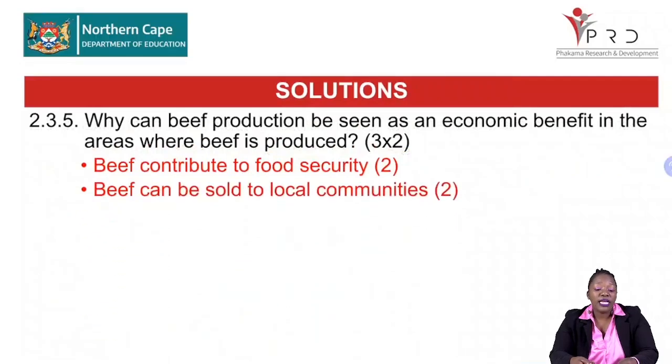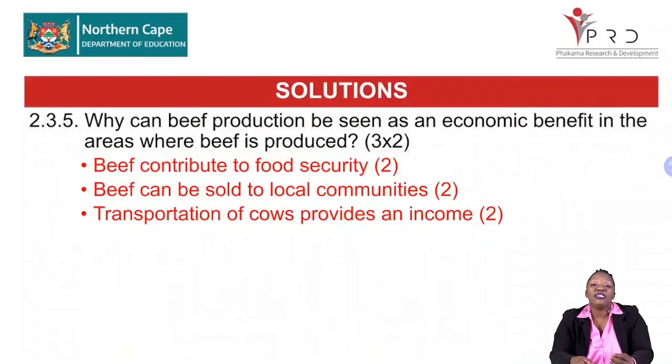And then after that, we're looking at the beef that will be sold to the local communities. If they are selling it to the local communities, again, it will be cheaper and it will be a benefit in terms of the health of the local communities. And then thirdly, we're looking at the transportation of cows, which will also provide income. You might find there is one person who has a truck but is not involved in the livestock.